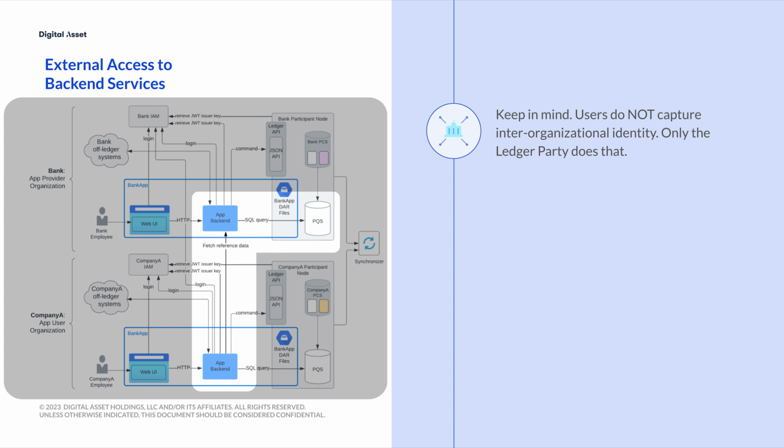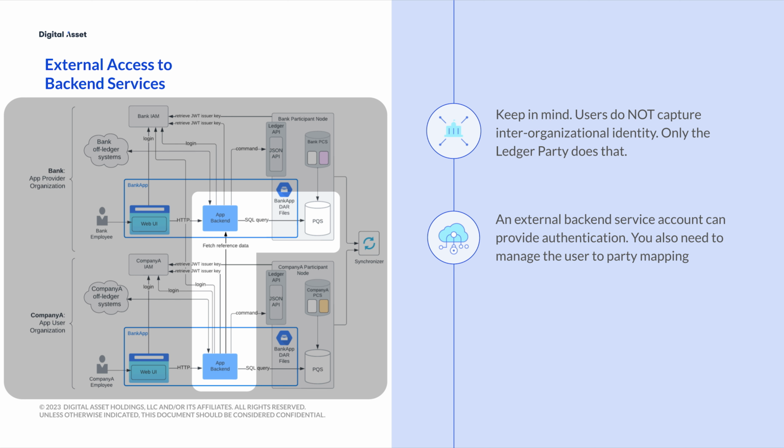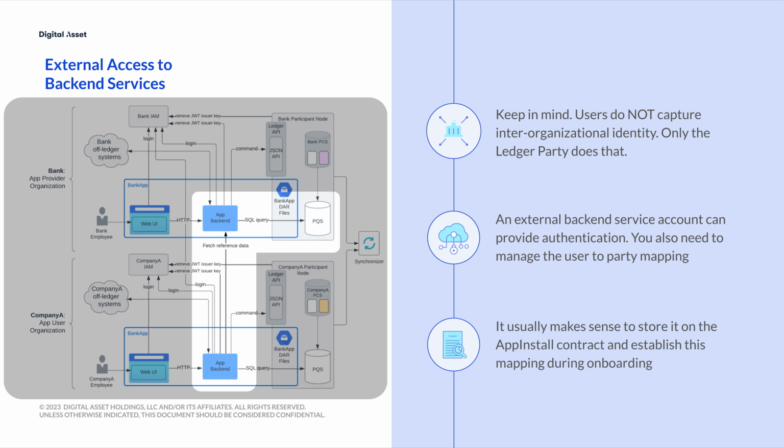When this option is available, keep in mind that the concept of inter-organizational identity on the ledger remains the ledger party. So, while the identity of the app user can be authenticated using the service account, you will also need to maintain an authorized mapping between that account and the app user's ledger party. This mapping can be stored anywhere durable, but a reasonable default is on the app install contract as part of onboarding, if there is no compelling reason to store it elsewhere.